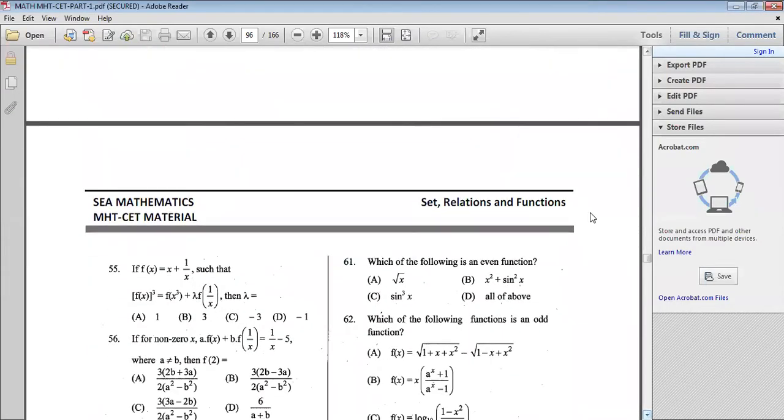Let's observe the 55th problem. Now, 55th, let's observe that f of x is given as x plus 1 by x, such that f of x whole cube is equal to f of x cube plus lambda times f of 1 by x. Then what is the value of the lambda?